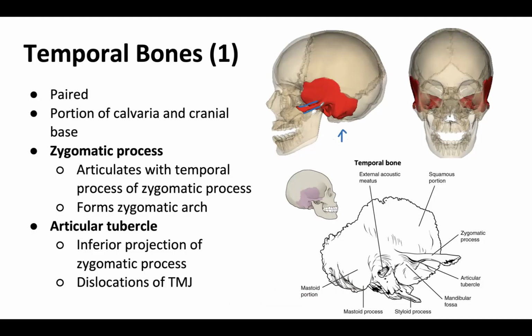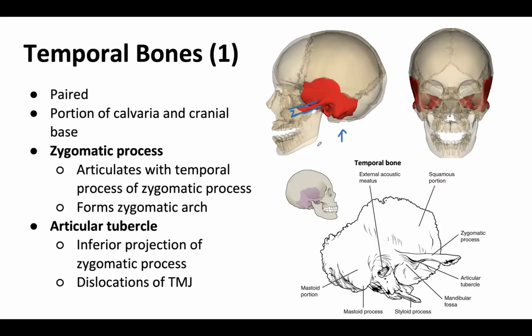And this articulates with the temporal process of the zygomatic bone. And when they articulate with one another, the whole complex is called the zygomatic arch. And if you can palpate your own zygomatic arch, it's just anterior to your ear, and you should feel a horizontal bar.